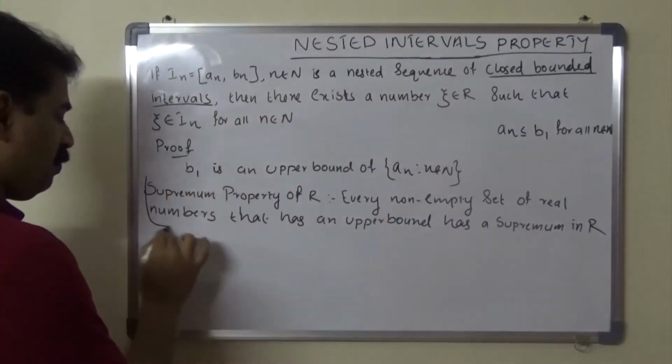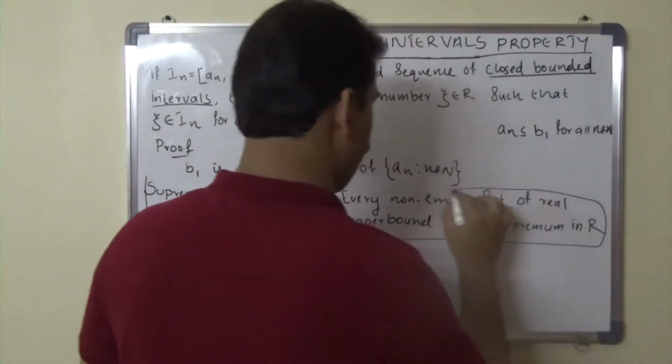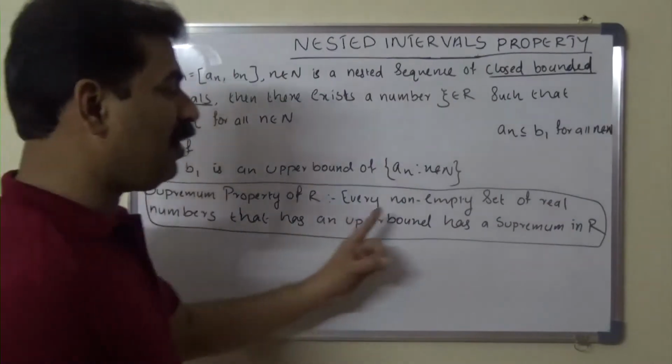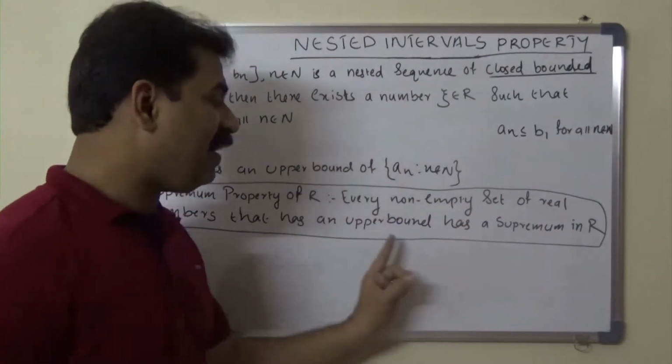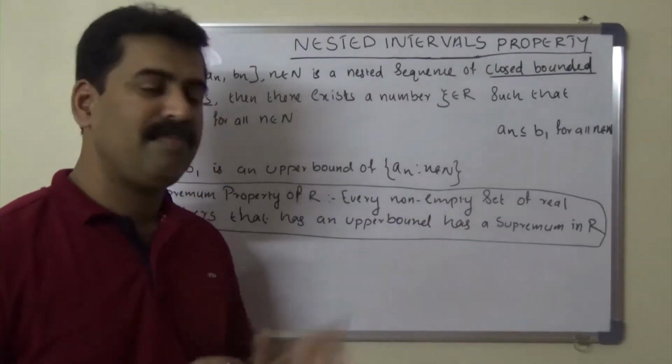This is the supremum property of R. Every non-empty set of real numbers that has an upper bound has a supremum in R.